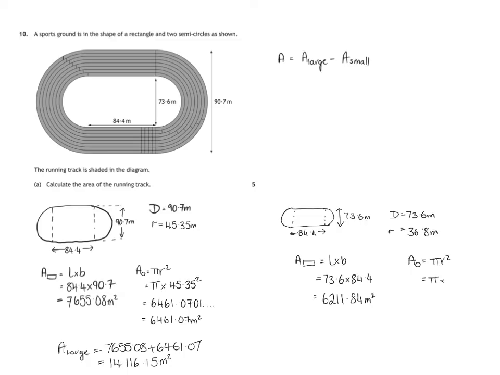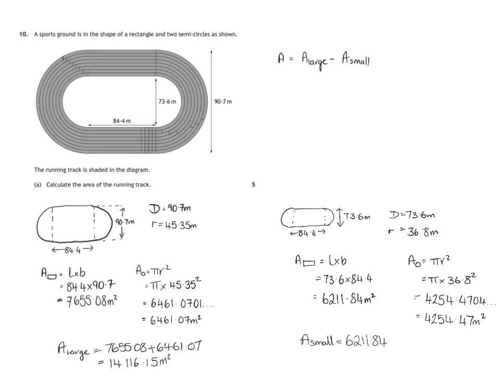So it is pi times 36.8 squared, which gives me 4,254.4704 and some more. So two decimal places again here, 4,254.47 square meters.